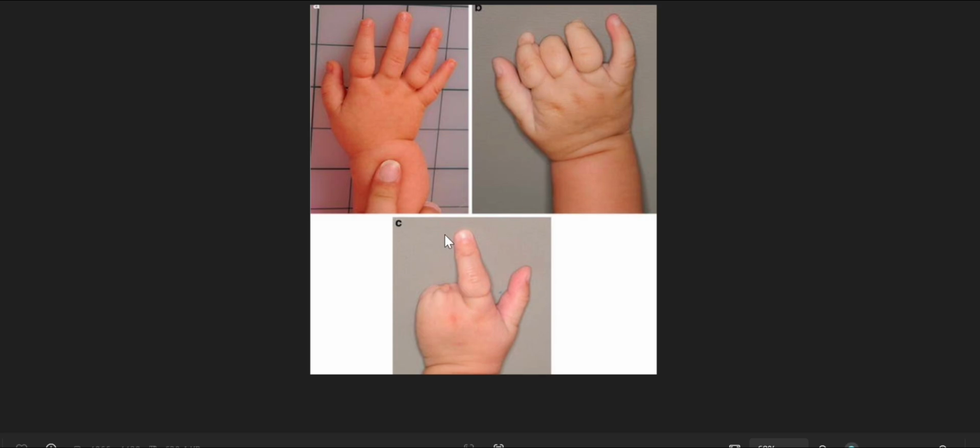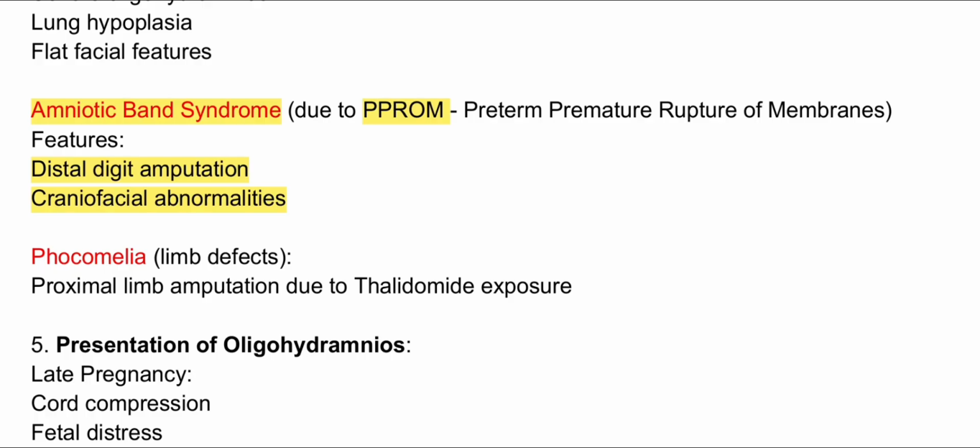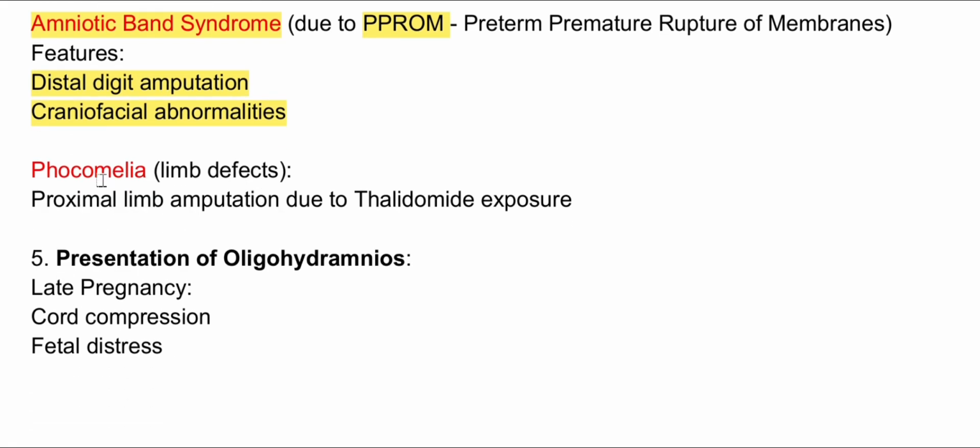And here the distal limbs are amputated, distal fingers are amputated. Amniotic band syndrome is due to preterm premature rupture of membrane, with distal digit amputation and craniofacial abnormality, which we already saw. Now phocomelia. Phocomelia is a limb defect, proximal limb amputation due to thalidomide exposure. So it is called phocomelia.